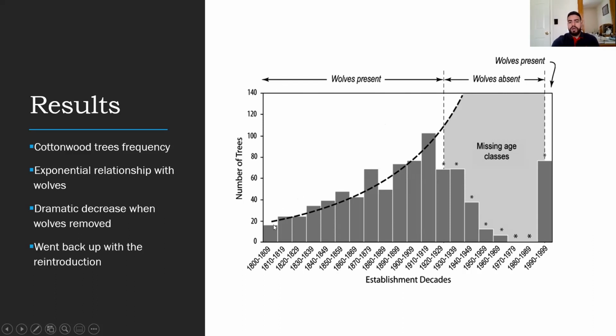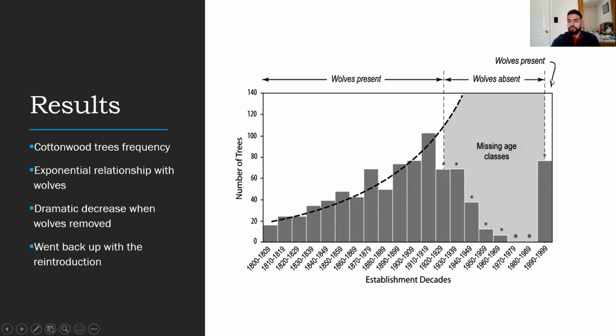As you can see, when the wolves were present, these plants were continuously growing and had exponential growth until around the 1930s when wolves were removed, and then they start taking a dramatic decrease until they literally reached zero.